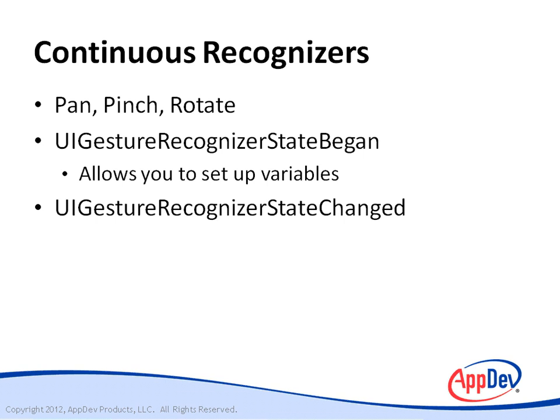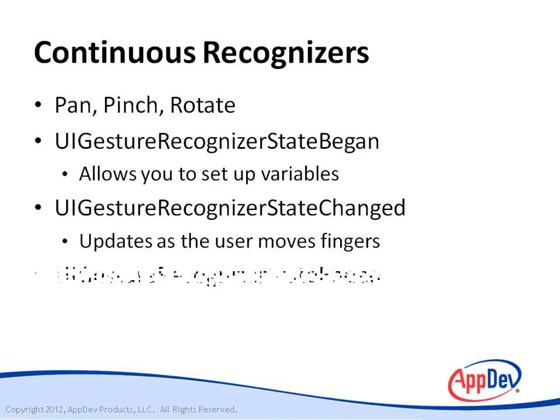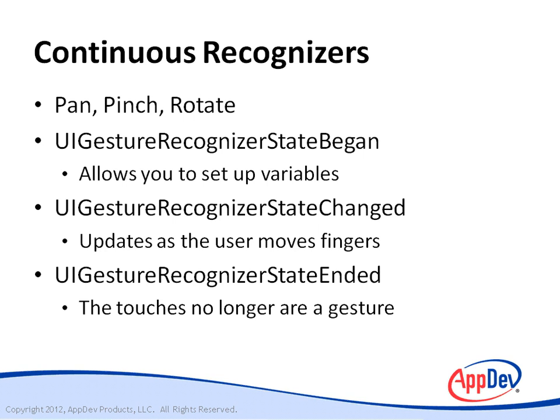And then these continuous gesture recognizers also have a changed state. So as the user is rotating something, you continually get updates with the angle of rotation. And last, eventually a rotation will end. And that's when the gesture recognizer says that either there aren't any fingers on there or they're no longer a gesture. So the gesture ended.